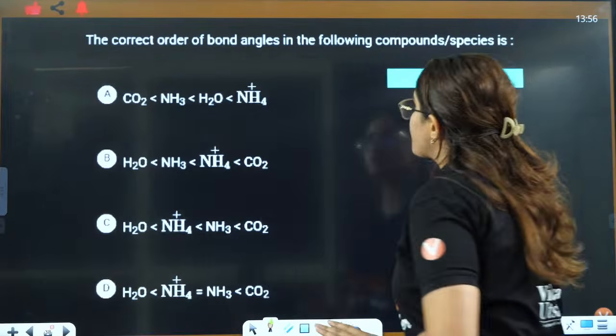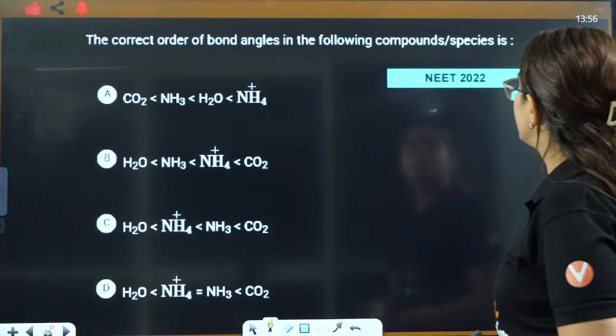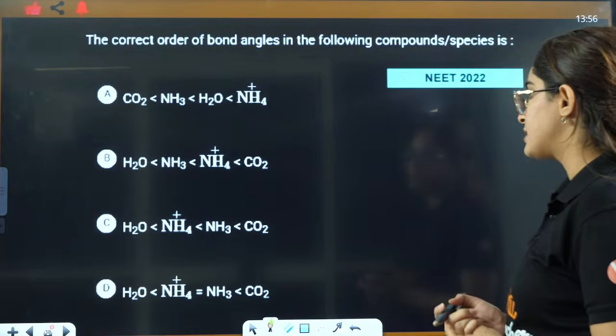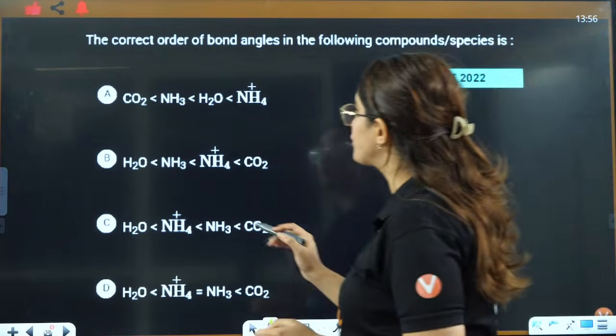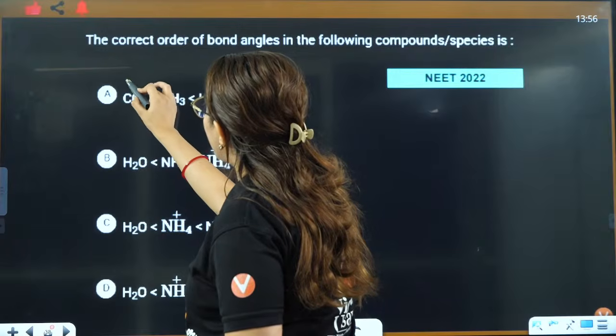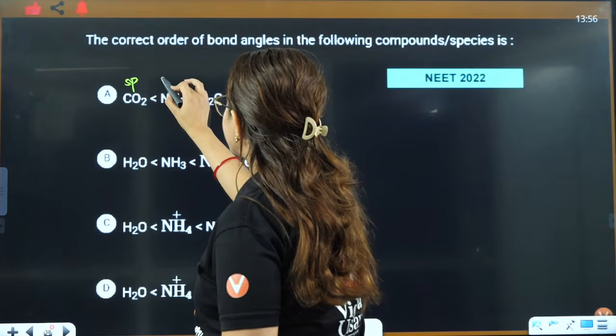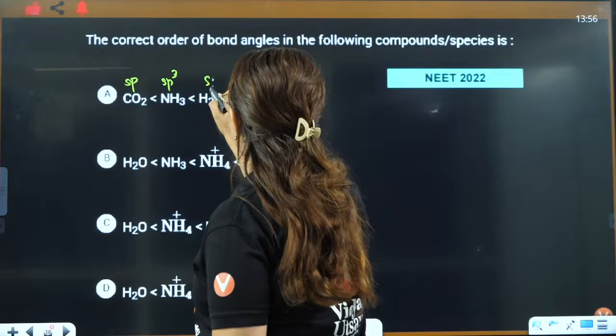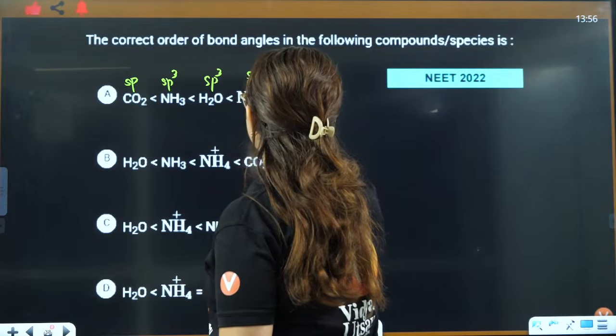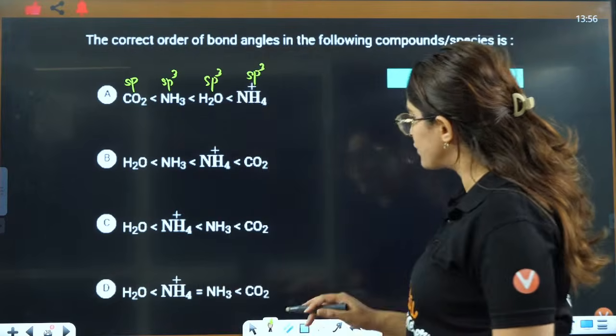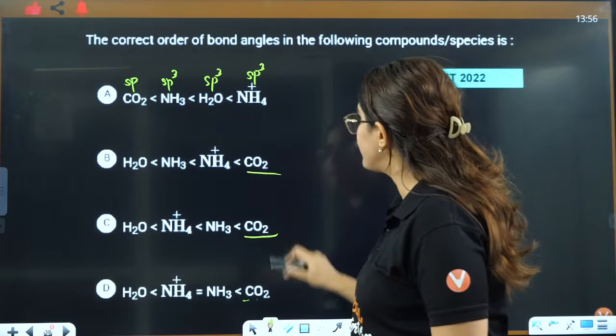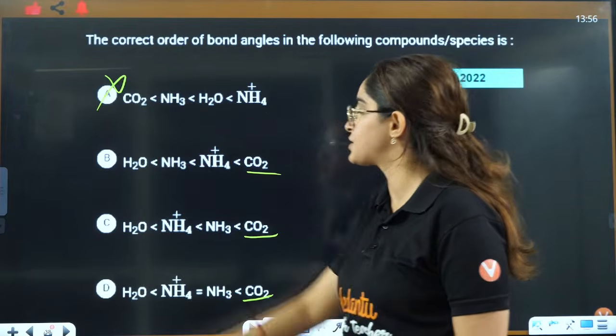Now if you see this, bond angle for the following compounds. The hybridization you should know first. CO2 has linear shape, so sp hybridization, while this is sp3, this is also sp3, this is also sp3. So definitely CO2 is going to have the maximum. Let's remove this one.